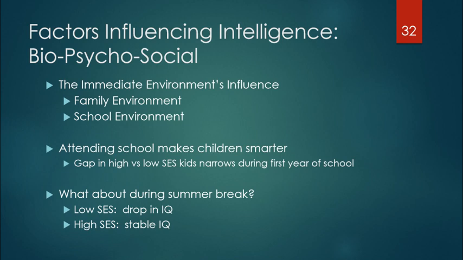What about during summer break? Well, here again, we start to see some differences between social classes. People on the lower end of the SES spectrum tend to see a drop in IQ scores. So over summer break, you might not be exposed to all of the learning environments that you have access to during school. High SES kids, their IQ stays the same. They don't see that drop.